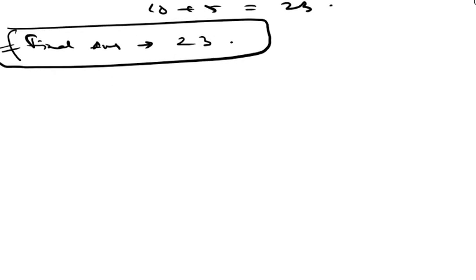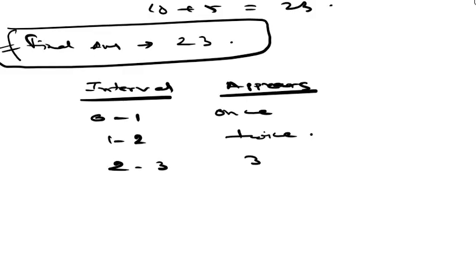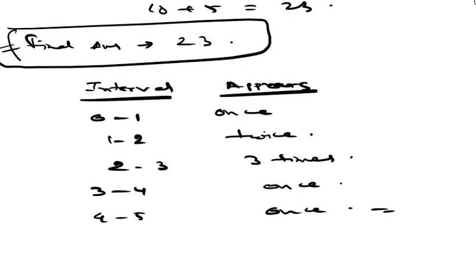Like interval 0 to 1 appears once, interval 1 to 2 appears twice, 2 to 3 three times, 3 to 4 once and 4 to 5 once. This counting method is another quick TMUA trick.